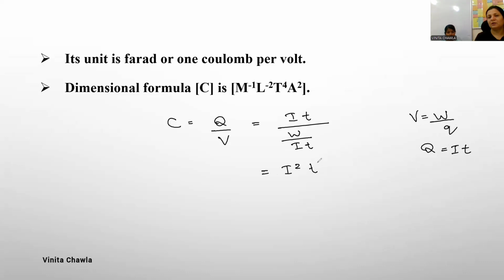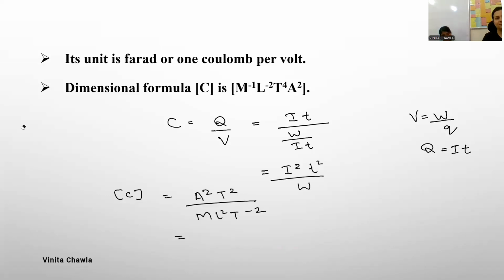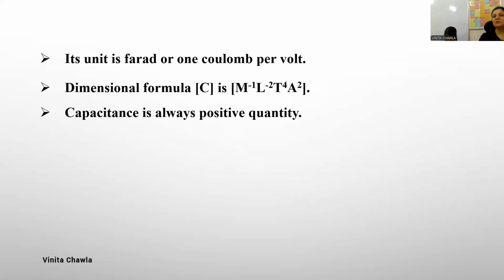I square T square by W. So to find the dimension of C, we need to write the dimension of I. It's A square. For time, it is T square. And for work, no, it is. So capacitance is always positive.